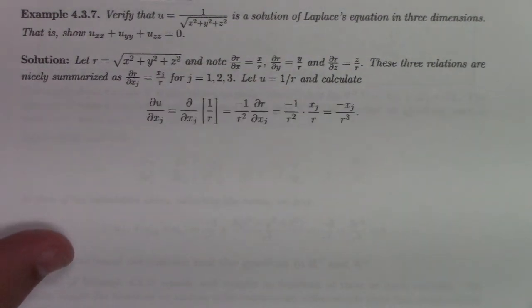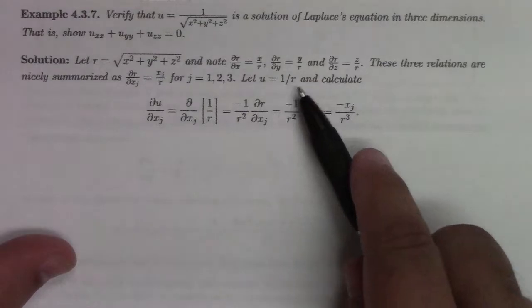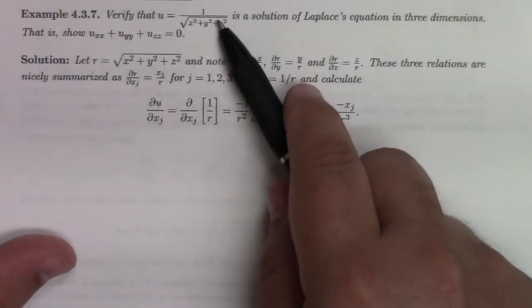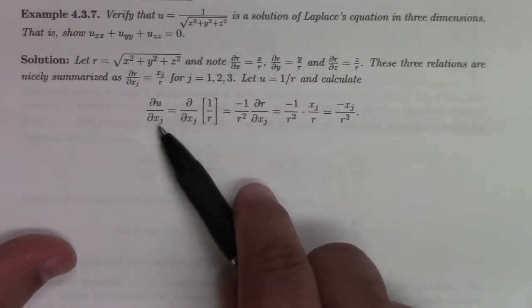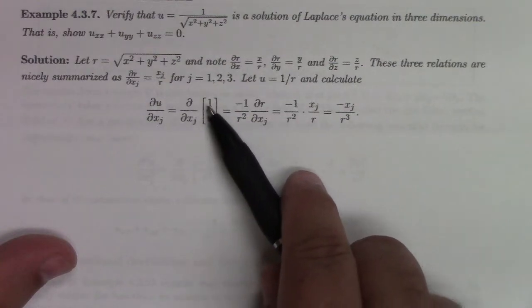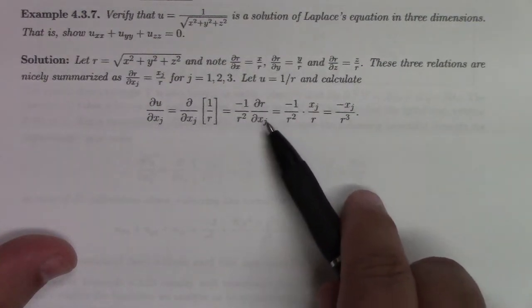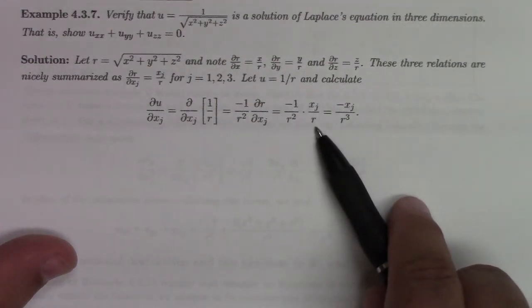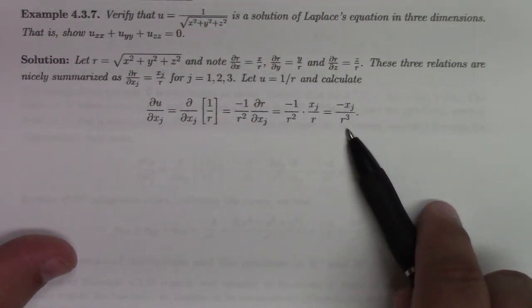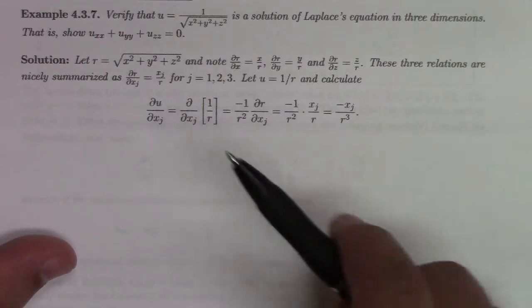So if we let u equal 1 over r, which is what I'm claiming is a solution, then we do the chain rule, minus 1 over r squared, times partial r partial xj, which by the way is just xj over r. So we get minus xj over r cubed for partial u partial xj.